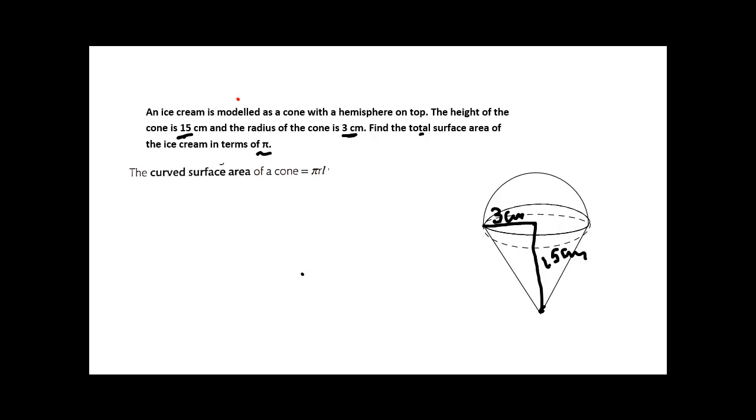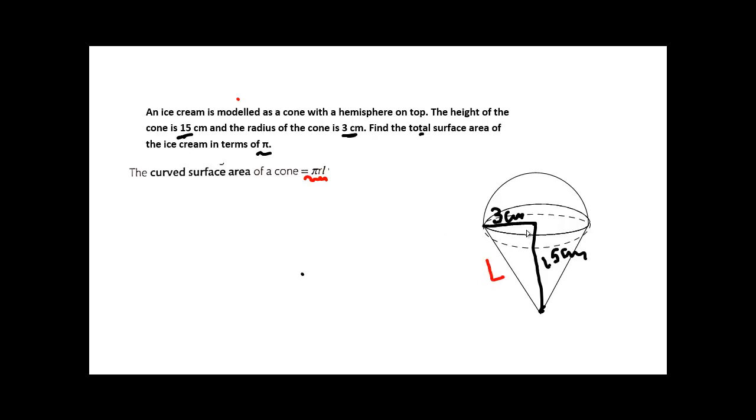So to find the total surface area, we have to find the curved area of the cone plus half the surface area of the sphere, because a hemisphere is half of a sphere. As we mentioned earlier, the curved surface area of the cone is pi r l, so we need to find l first. l is the slant height, as we said here.